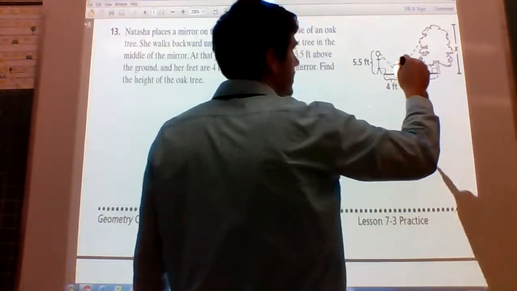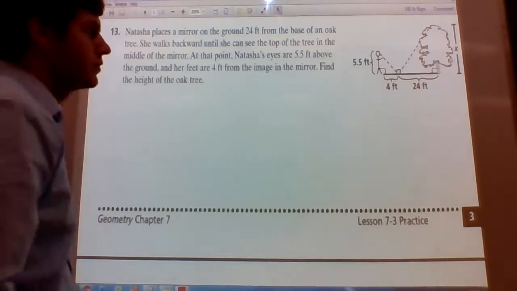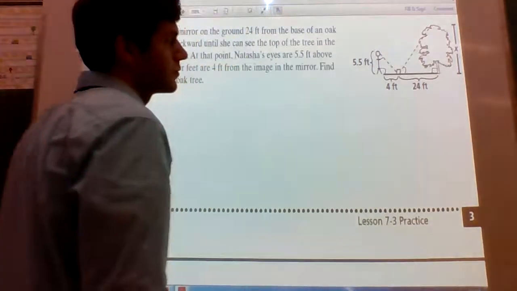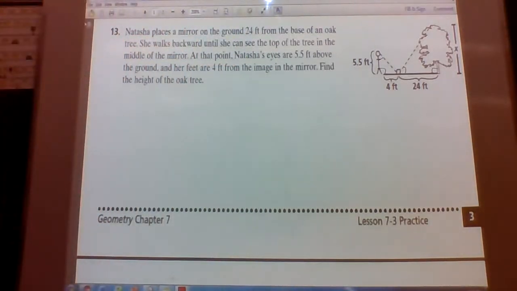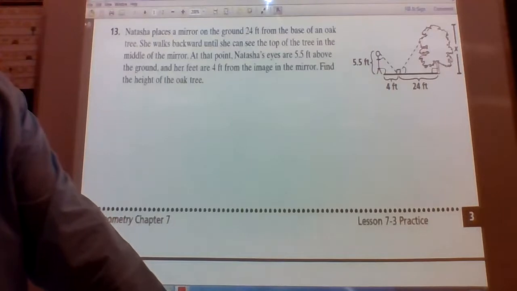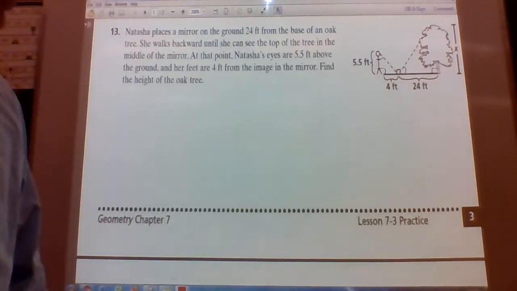The angle she's looking at is the angle it's coming off of the ground. Correct? If I'm wrong, I'll edit the video and change it. That makes sense, right? If you're looking at a mirror, it's going to come off the mirror at the same angle you're looking.